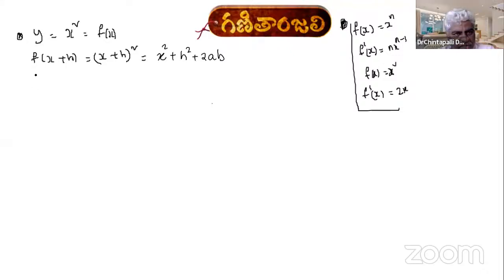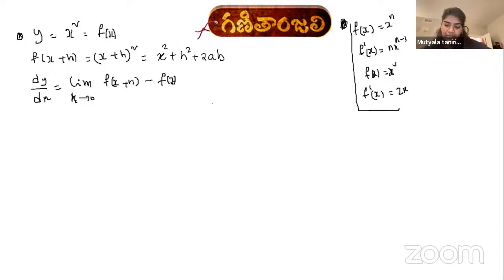Now dy by dx is equal to limit h tends to 0, f of x plus h minus f of x whole by h.